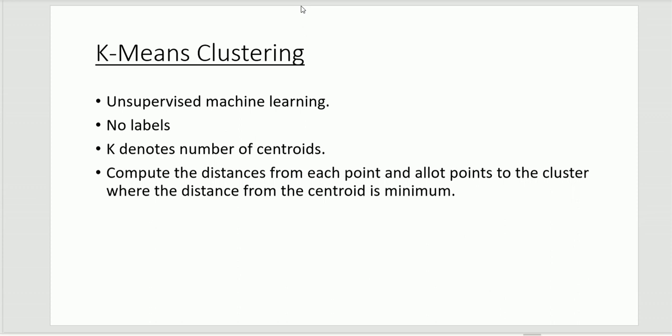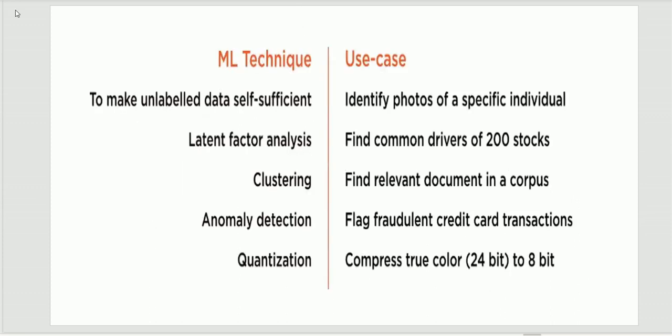Next slide, we'll see the use cases, when we are going to use the K-means clustering algorithm. The first case is identifying photos of a specific kind. Suppose in a folder you have multiple photos and you need to separate them into groups.